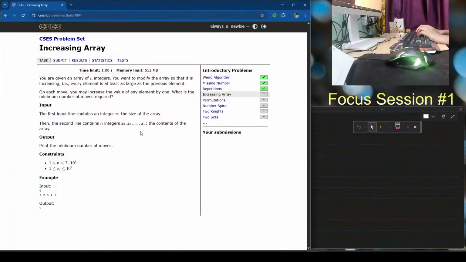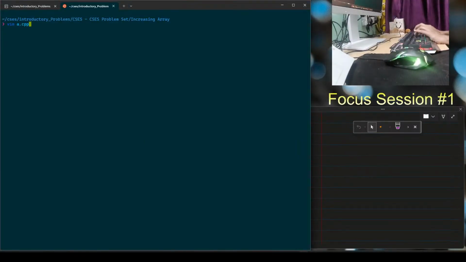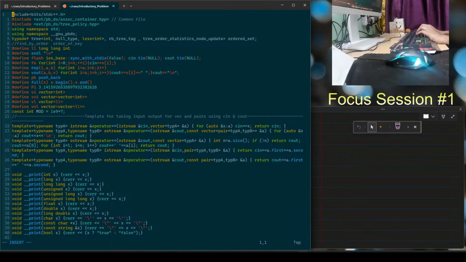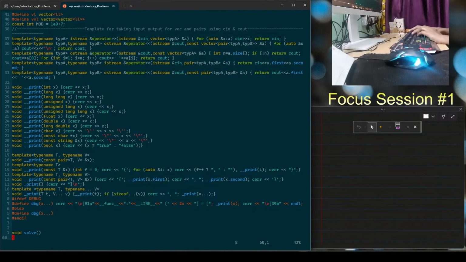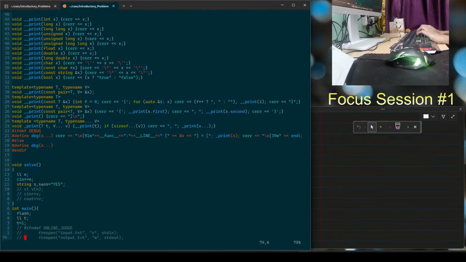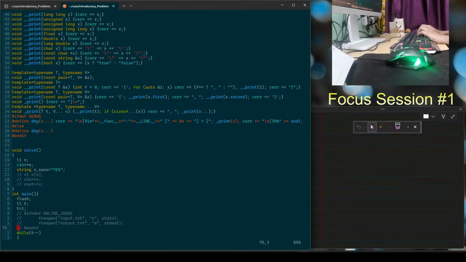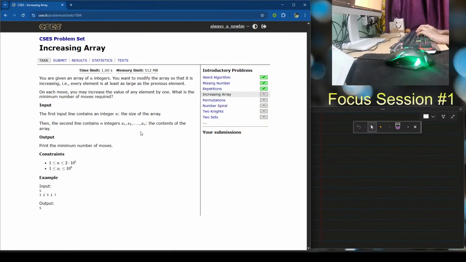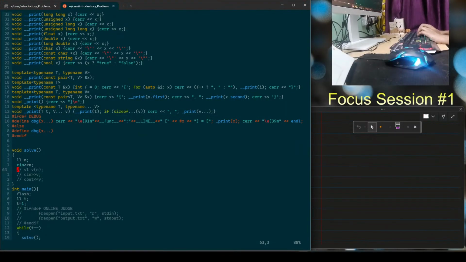Sorry. What am I typing? Let us remove this, and I have to take the input. So I'm using this snippet to take the inputs.